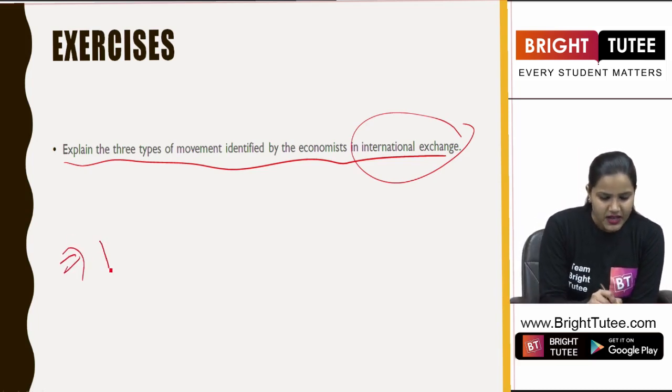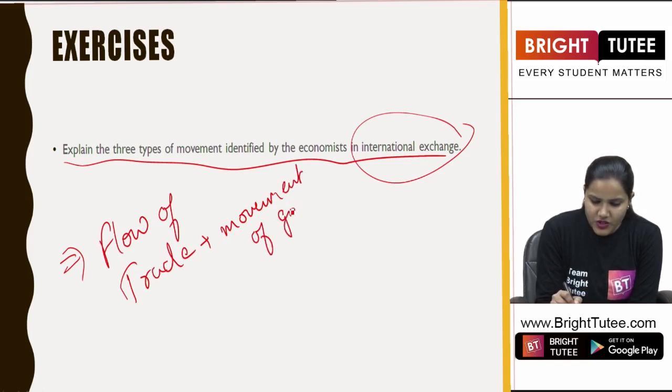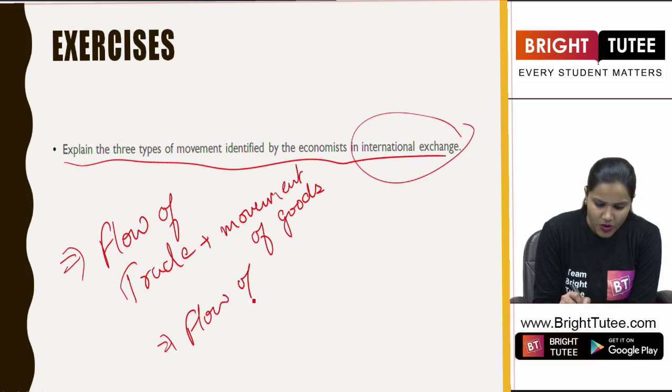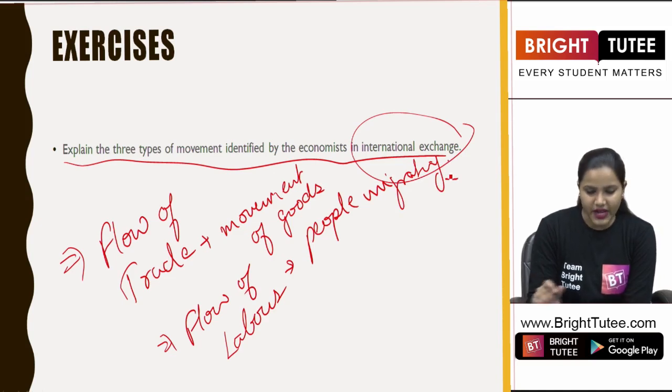First one is flow of trade. That is movement of goods from one place to another. Second one is flow of labor. That means people migrating from one region to another for better living conditions, right?